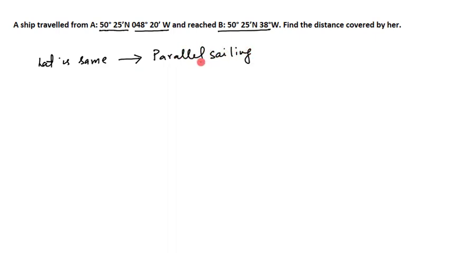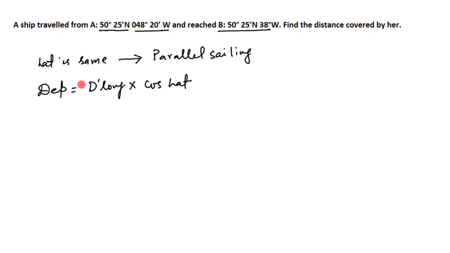That means the vessel is doing parallel sailing. So if the vessel is doing parallel sailing, we have this parallel sailing formula, which says departure is equal to d long into cos of latitude. Now let's find what is d long.